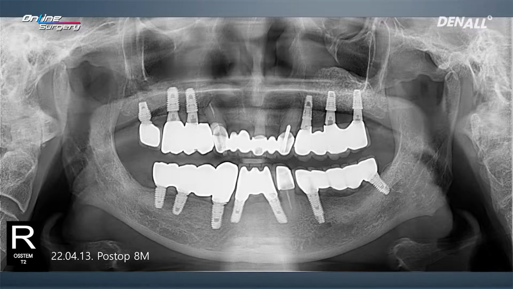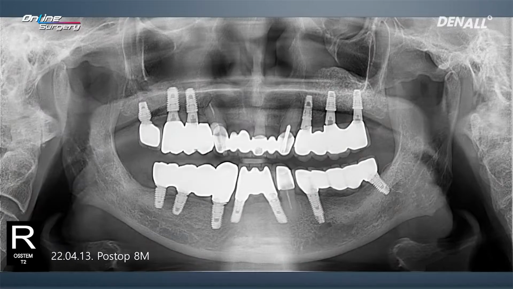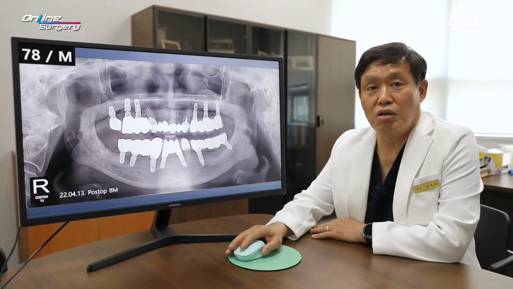It's been about 2 months after the prosthesis was loaded in the upper. The prosthesis was delivered for the lower as well. And the main complaint when the patient came in was addressed. The implants placed by a different dentist will be maintained. This is how the treatment was done.